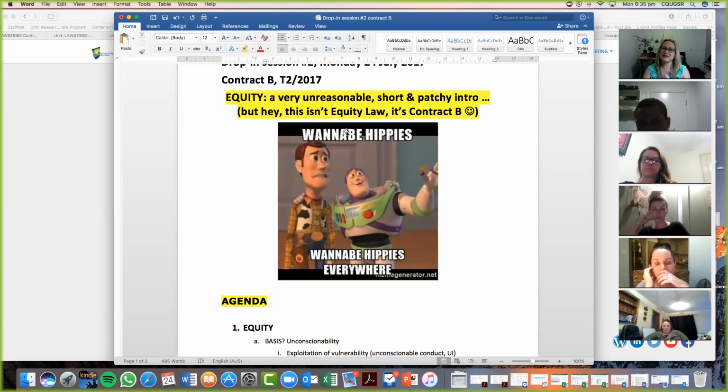I put in this little photo because there's always this tension between the common law and equity. I have this visual image of two opposing groups at a party.